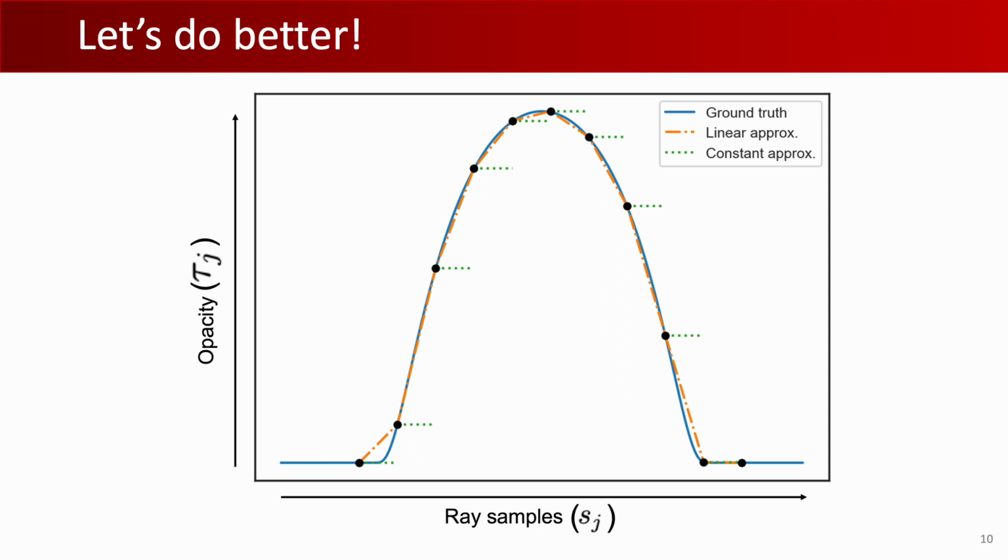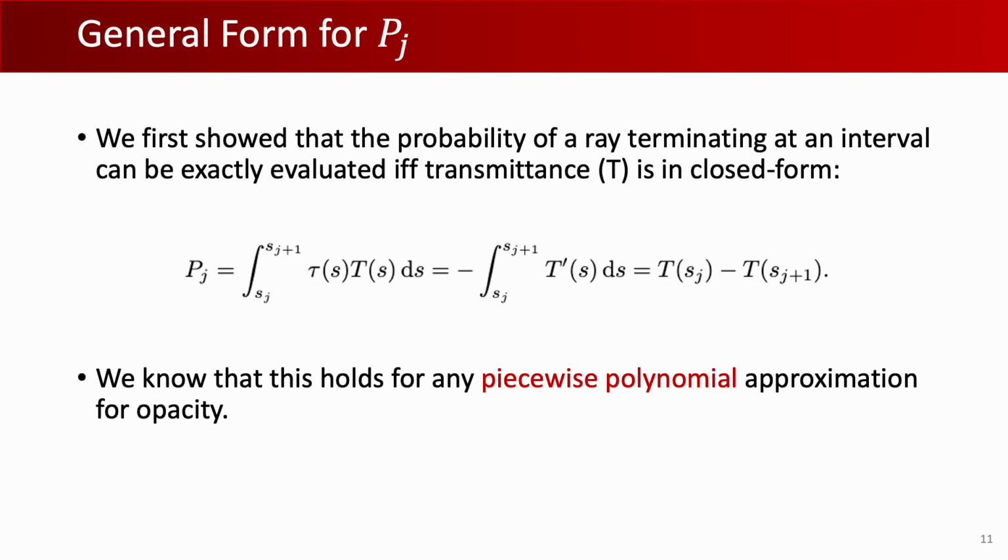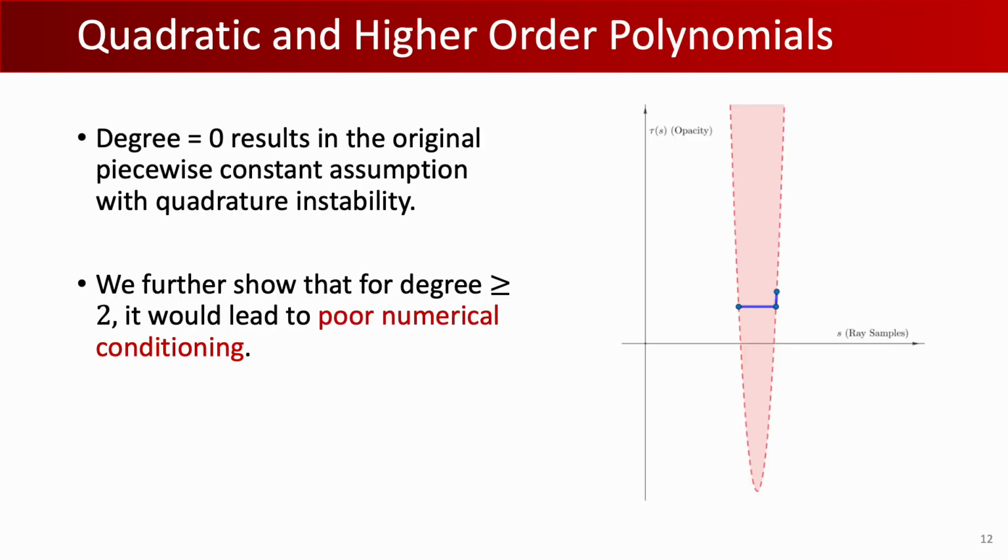Now let's try to do better, by instead using a piecewise linear assumption for opacity. We first show a general form for Pj, or the probability of the ray terminating at interval Sj to Sj plus 1. We show that this is in closed form for all piecewise polynomial approximations for opacity.